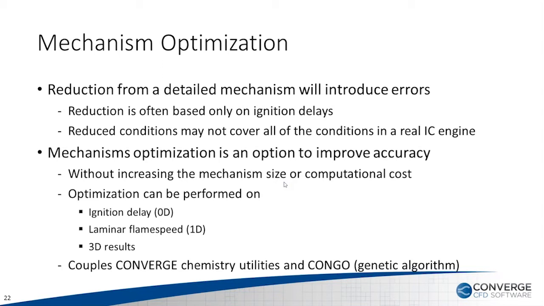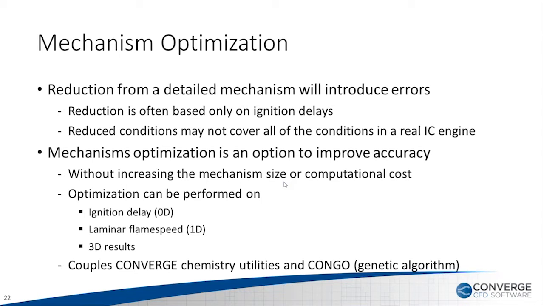If you reduce the mechanism by specifying a lot of points and a lot of conditions, you do have a really accurate mechanism, but the size can be big. So sometimes people use fewer points, or if you use loose tolerance, you get a small mechanism which is considered affordable for 3D simulation, but it potentially can have a lot of errors.